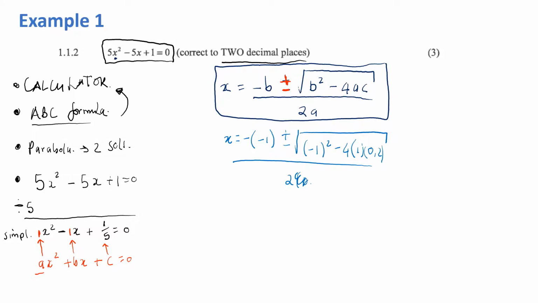Does that look okay? Everyone's still with me? So we've got 1 plus or minus the square root of 1 minus, and 4 times 0.2. Well, to me, that is 0.8, right? 0.8, sorry.